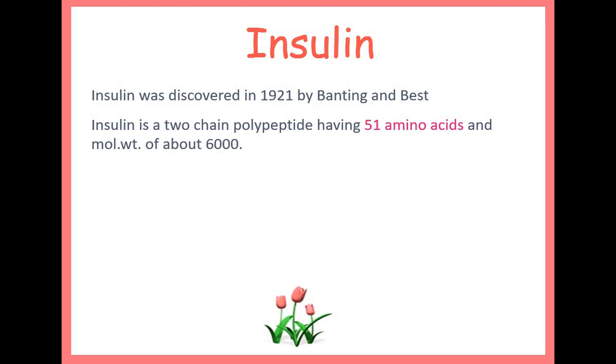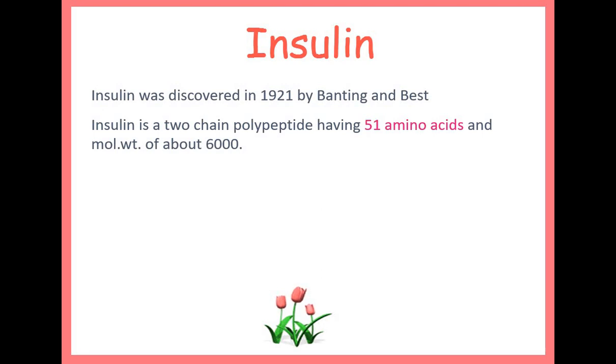We would like to revise. There are 5 cells which are present in the pancreatic islets. That's why we call it heterocrine. Can you name these cells which are present in the pancreas? Yes, very good. Alpha cells. The major secretion from alpha cells is glucagon.